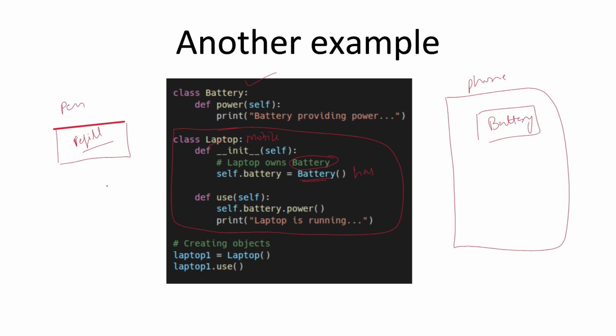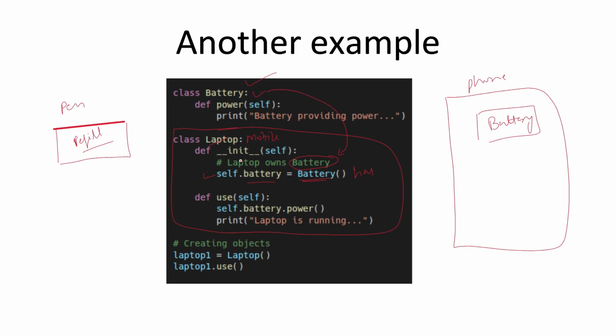In inheritance we inherit the properties. Here, this object is acting as its variable, its property. Battery is a property of laptop. What I am saying is this battery object is now a property of class laptop.